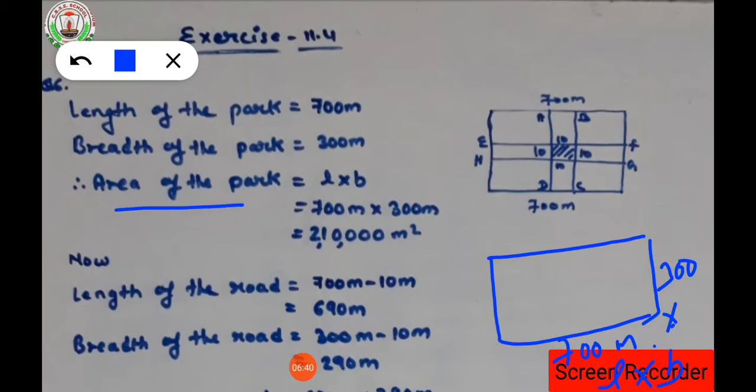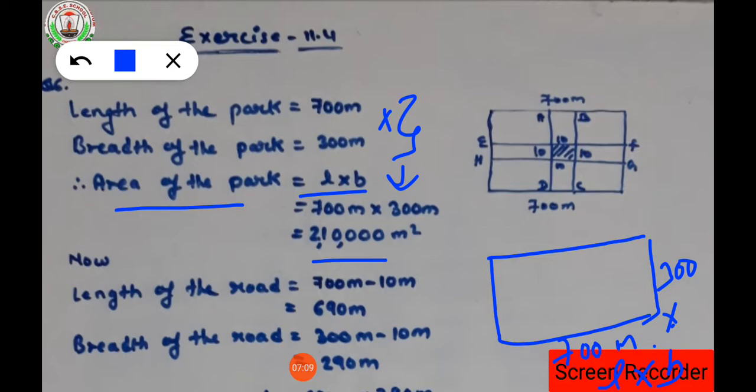Area of the park is equal to area of the rectangle, whose formula is length into breadth. Length stands for L and breadth stands for B. So 700 into 300, we will get the required answer as 2,10,000 meter square.